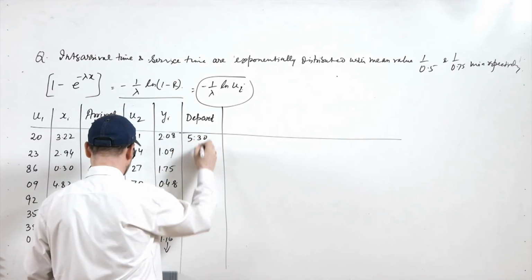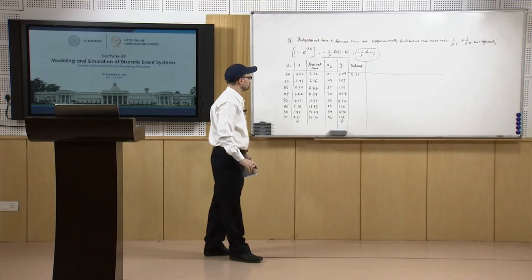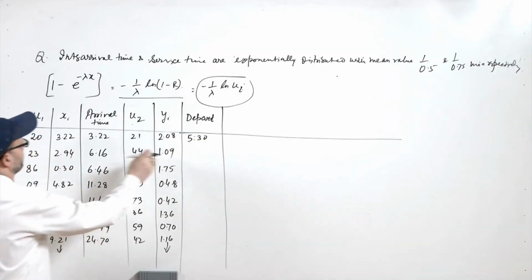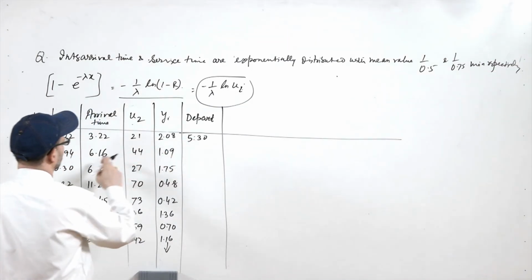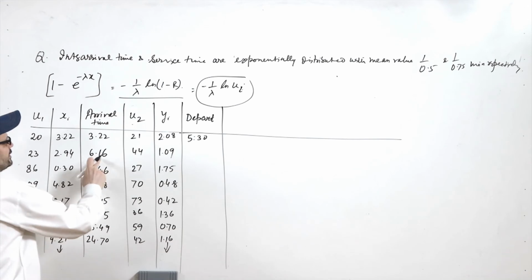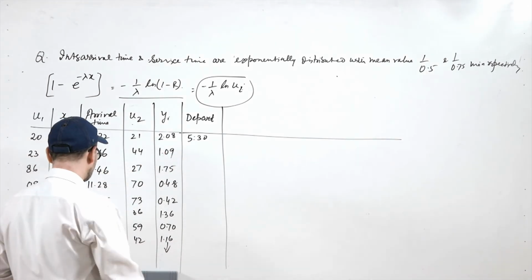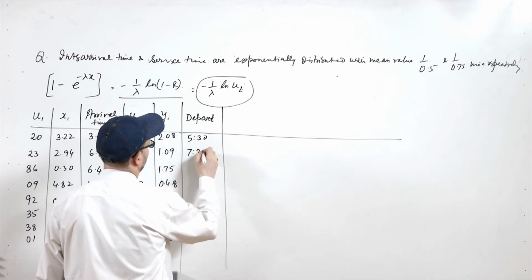But the next person is coming at 6.16, and he has the service of 1.09. So, he will be departing at 7.25.